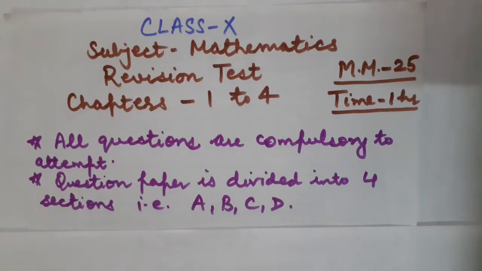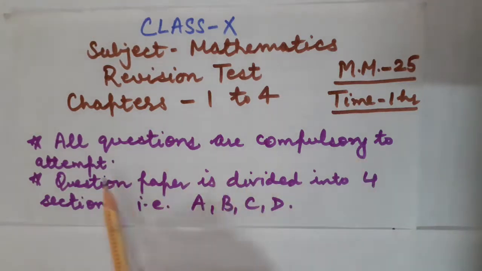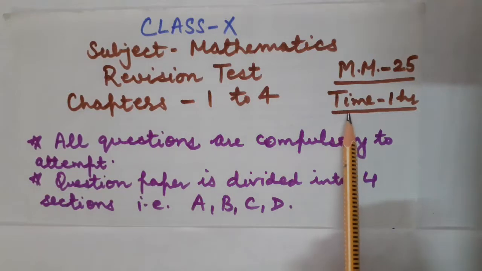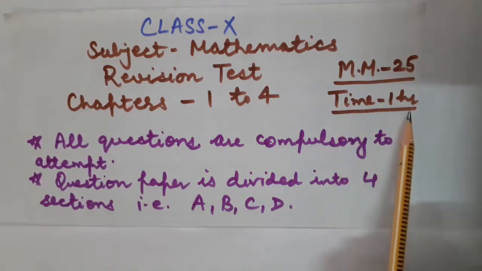Children, before you start attempting your question paper, there are a few instructions which I want to give you. Number 1, maximum marks for the test is 25. All the questions are compulsory to attempt. Duration for the test is 1 hour.